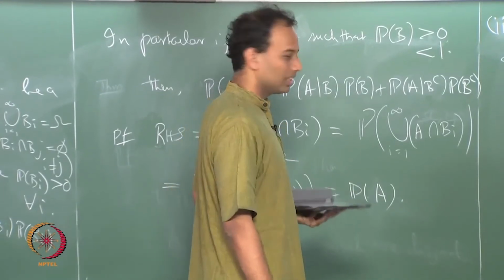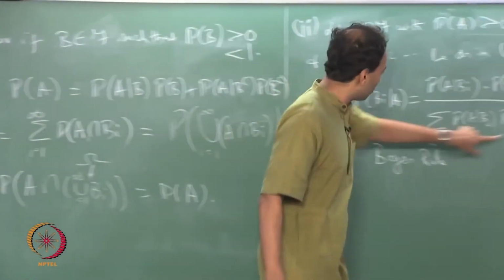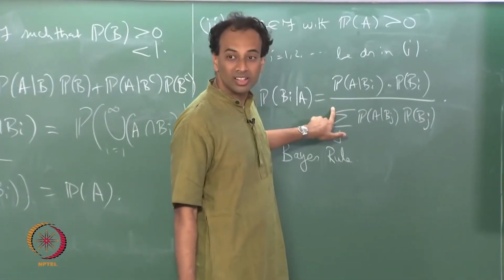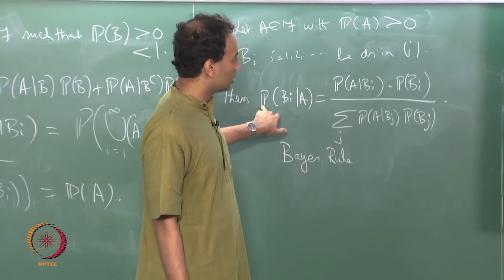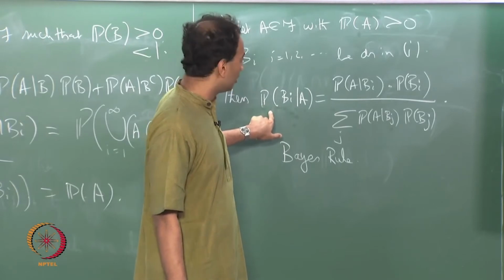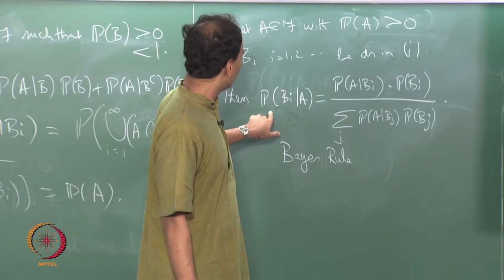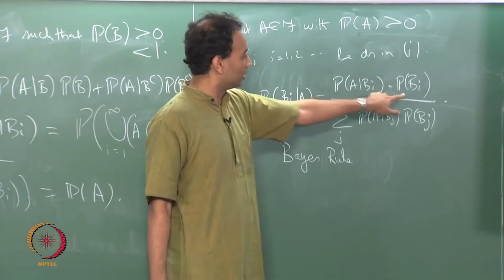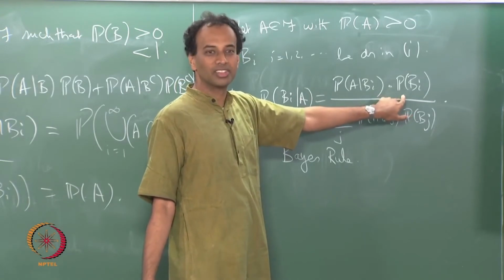So, it is actually a very trivial identity. What is in the denominator is P of A, right, by the law of total probability. So, you bring this here, it becomes what? It will become probability of B_i intersection A, and this is also probability of B_i intersection A. So, you are just writing P of A intersection B in two different ways, right.